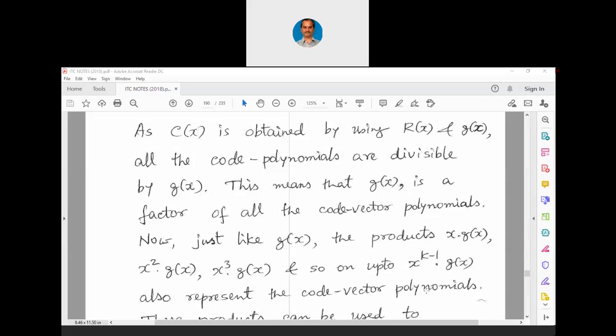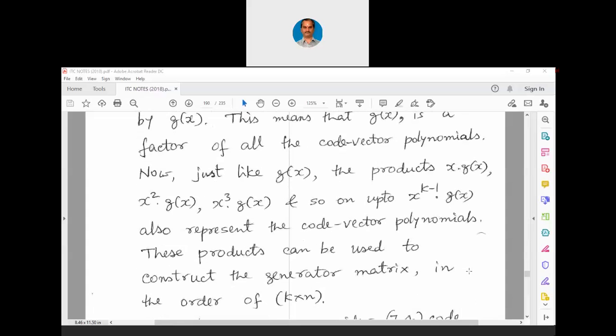Now, that is where the secret is. Code vector and generator polynomial are anyhow related. Now, the products such as x into G of x, x squared into G of x, x cubed into G of x, so on up to x power k minus 1 into G of x, these also represent the code vector polynomials.